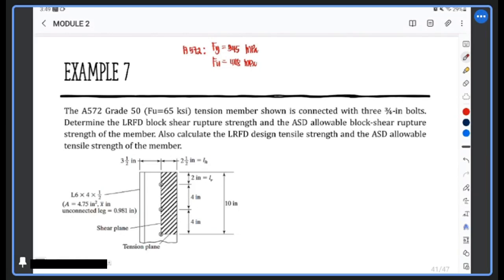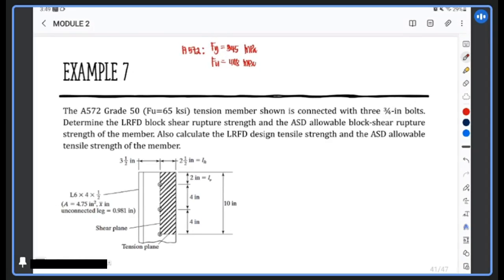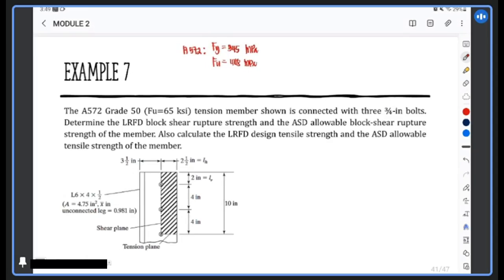Determine the LRFD block shear rupture strength and the ASD allowable block shear rupture strength of the member. Also calculate the LRFD design tensile strength and the ASD allowable tensile strength of the member.